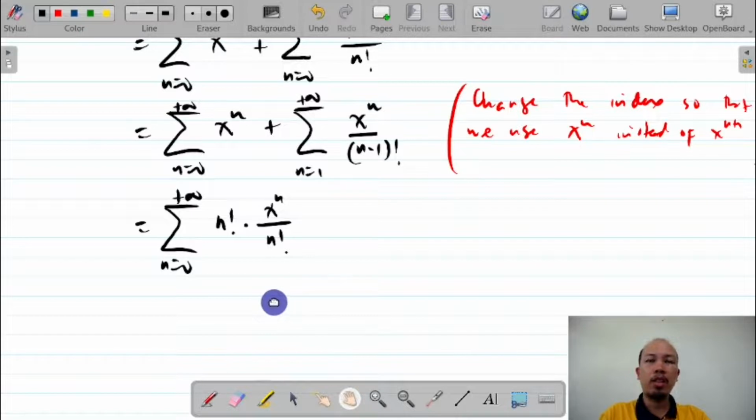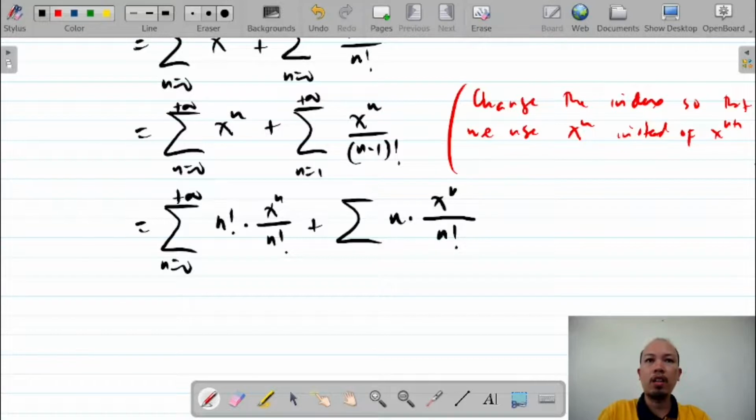Since we are dealing with an exponential generating function, plus this is the summation of, notice again that this is n times x to the n, n starts from 1 to positive infinity.